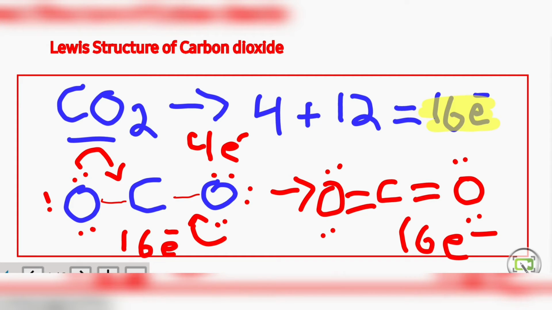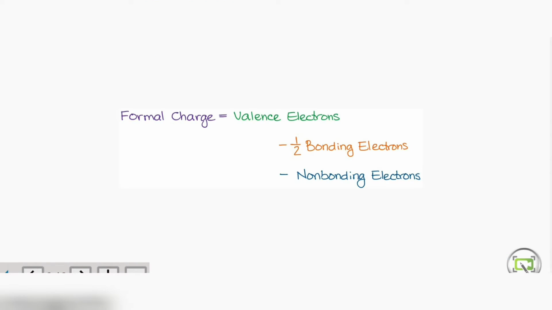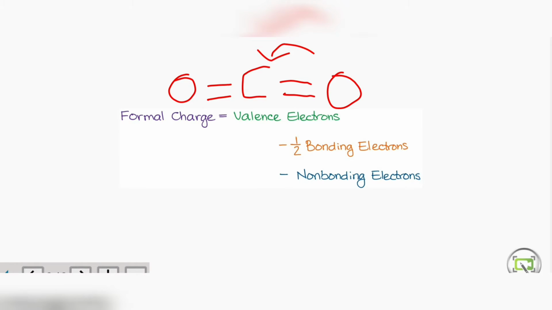There is one more step to check whether our structure is correct or not: we should count the formal charges. For formal charge counting, you first have to choose which atom from the molecule. So I am going to choose carbon and apply the formal charge formula.